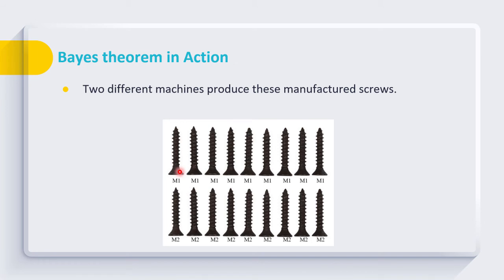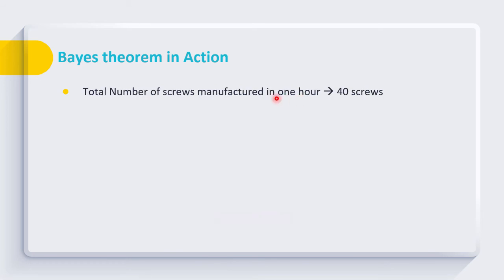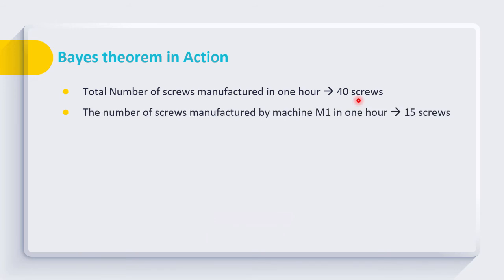Here we are considering a factory. This factory is using two machines to manufacture screws. Some of these screws are manufactured by machine M1, while some are manufactured by machine M2. Let's suppose the total number of screws manufactured in 1 hour by the factory is 40.